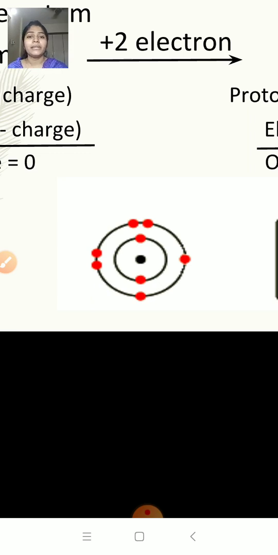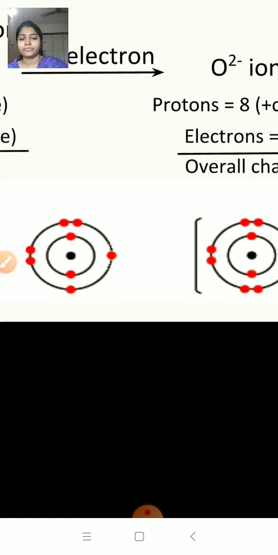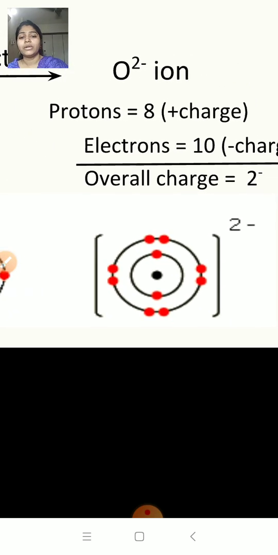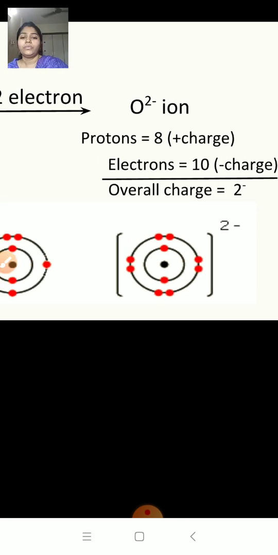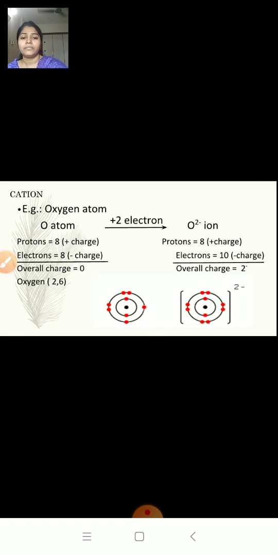So to take part in reaction, it needs to have 8 electrons. It has only 6 electrons. So if it accepts 2 more electrons, the outermost shell will have 8 electrons. So after accepting 2 electrons, you can see the outermost shell has 8 electrons. So oxygen atom becomes oxide ion.